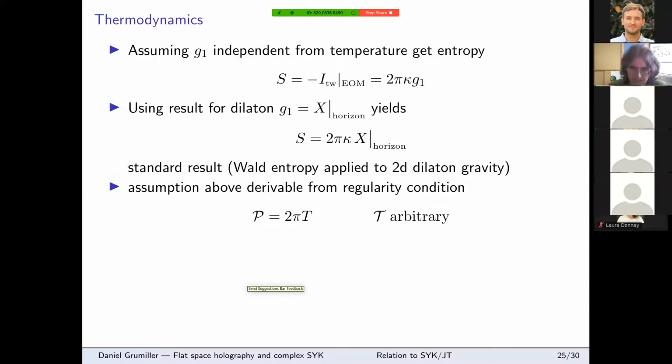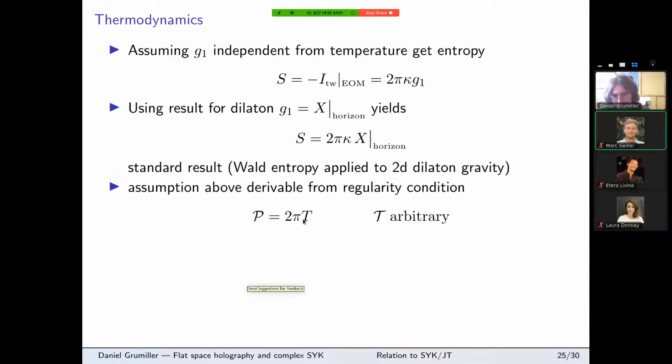So this makes sense. And in fact, you can derive this assumption here, so you don't have to use it as an assumption, from regularity conditions. So like in AdS gravity, where you assume absence of conical defects in the Euclidean formulation of the theory. And in this case, this leads to the condition that P, the state-dependent function, on shell must be given by 2 pi times the temperature, but this calligraphic T is arbitrary.